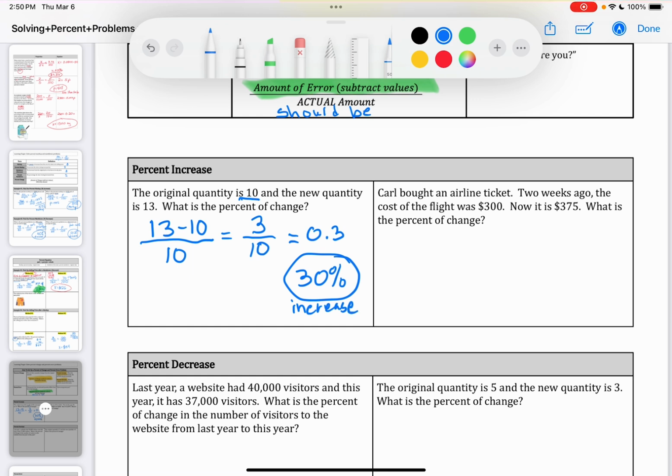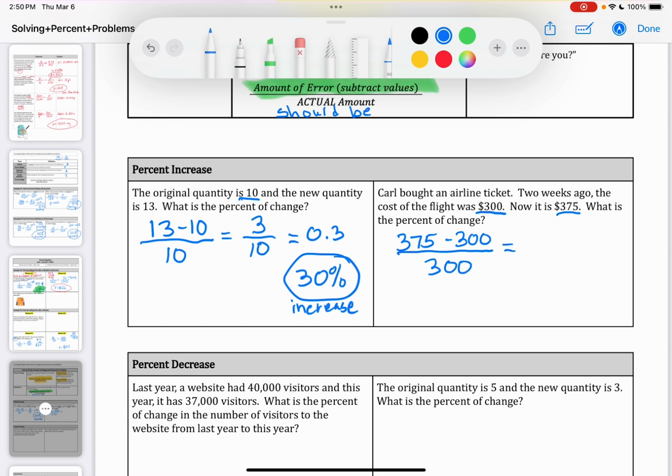The second one, Carl bought an airline ticket. 2 weeks ago, the cost of the flight was $300. Now it is $375. What is the percent of change? So let's take 375 minus 300. And then the original price was 300, so we'll divide by 300.